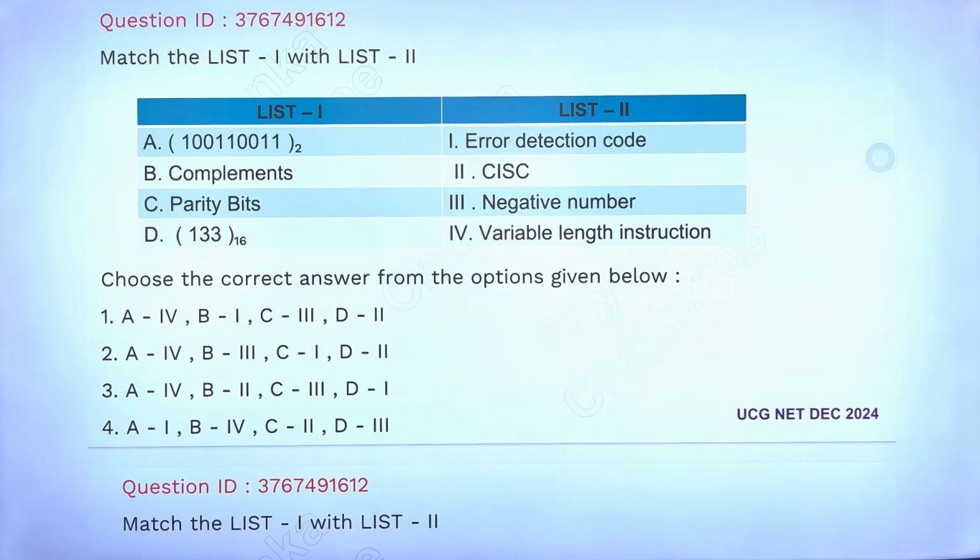BC is also correct, exactly. The actual correct answer should be BCD. We challenged that, they did not accept. Sometimes they do like that.